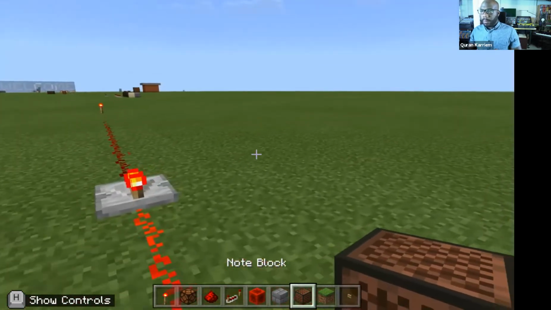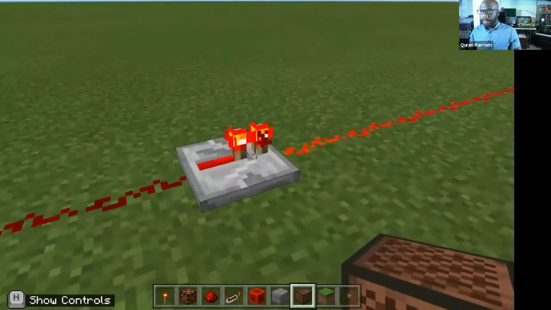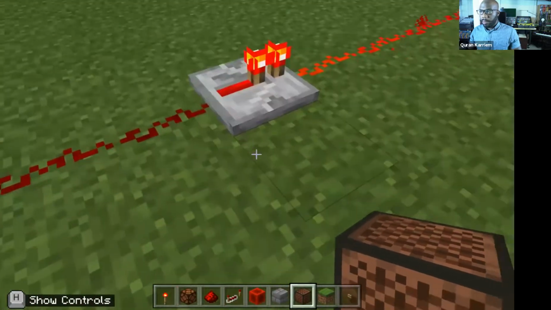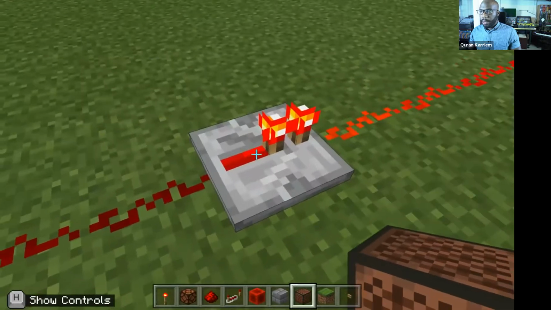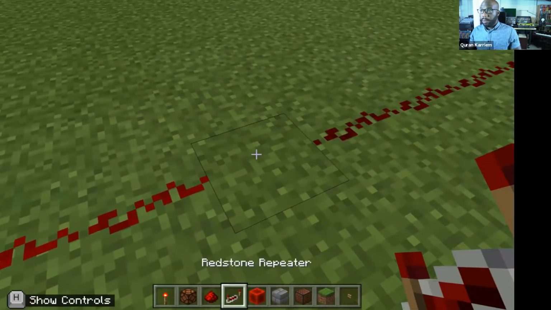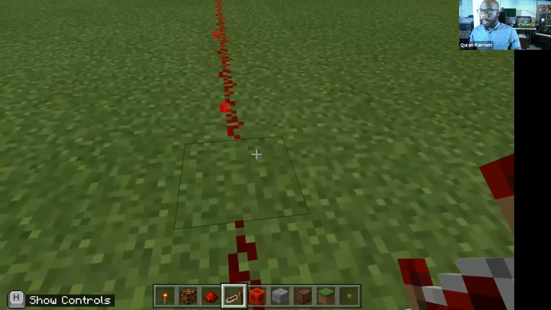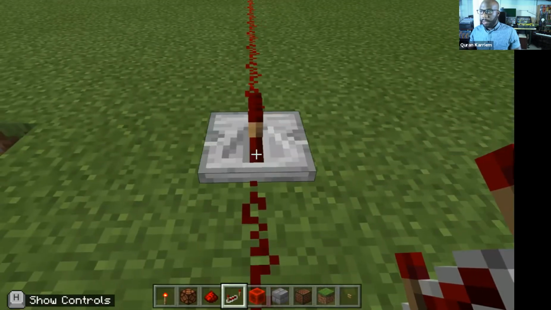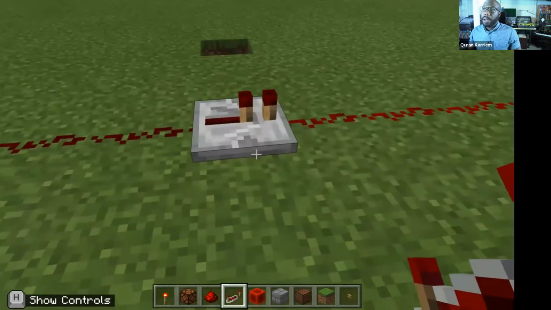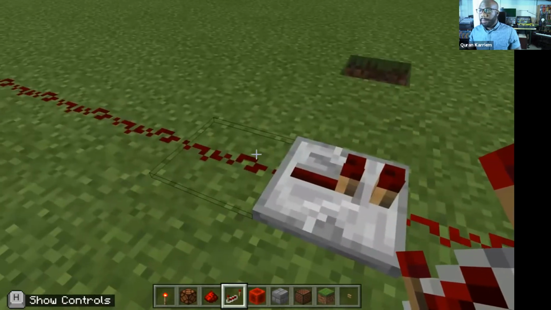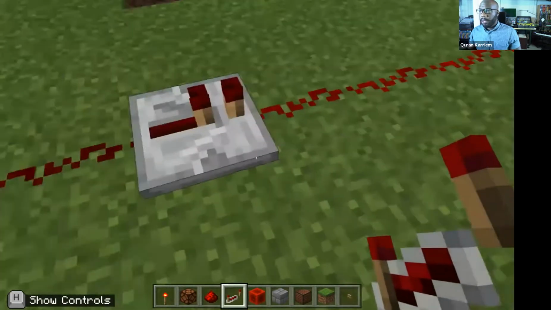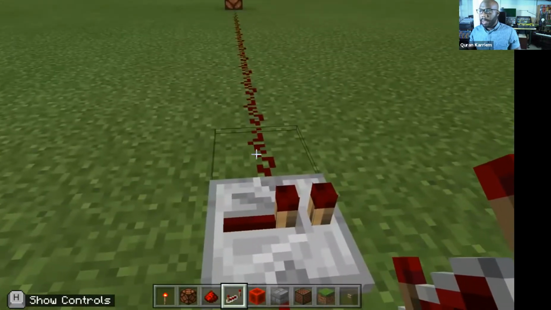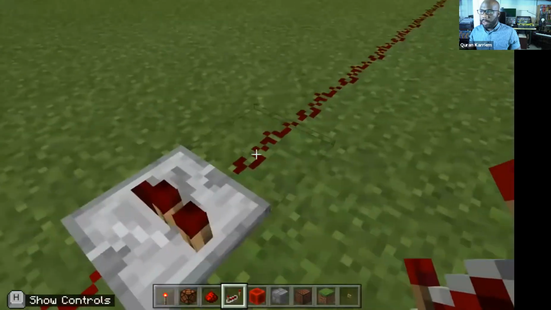Okay. And so the direction that you set the repeater is really important again. So if I were to put it the wrong way, so the energy is coming this way, but if I put the repeater in backwards, the energy doesn't keep traveling. Same way if I did it from the side, that doesn't work.